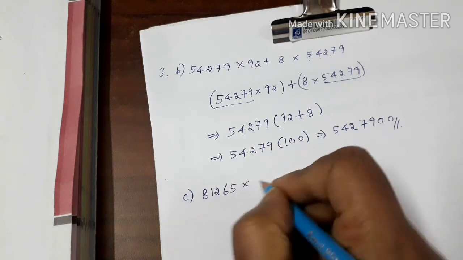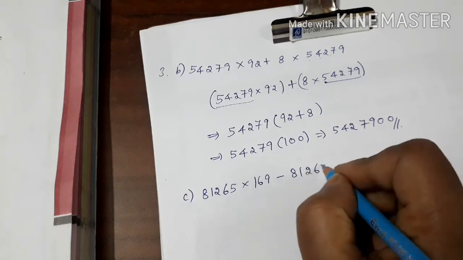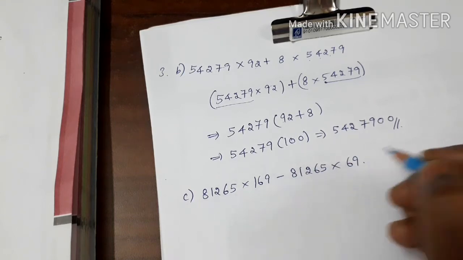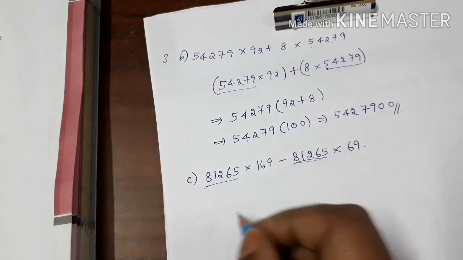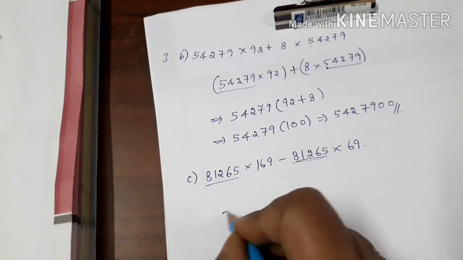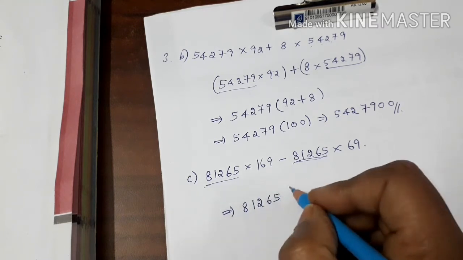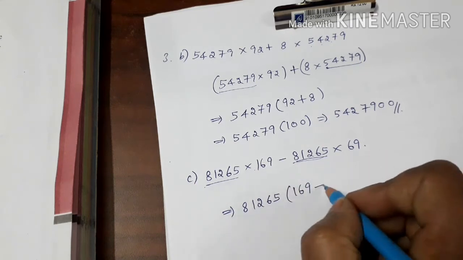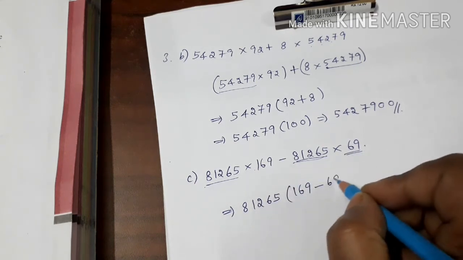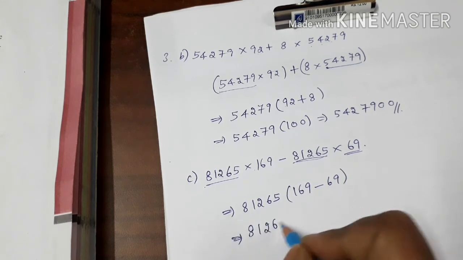Next sum, C sum: 81265 into 169 minus 81265 into 69. Here we have the common term 81265, so we are taking that out. The remaining terms are 169 minus 69.